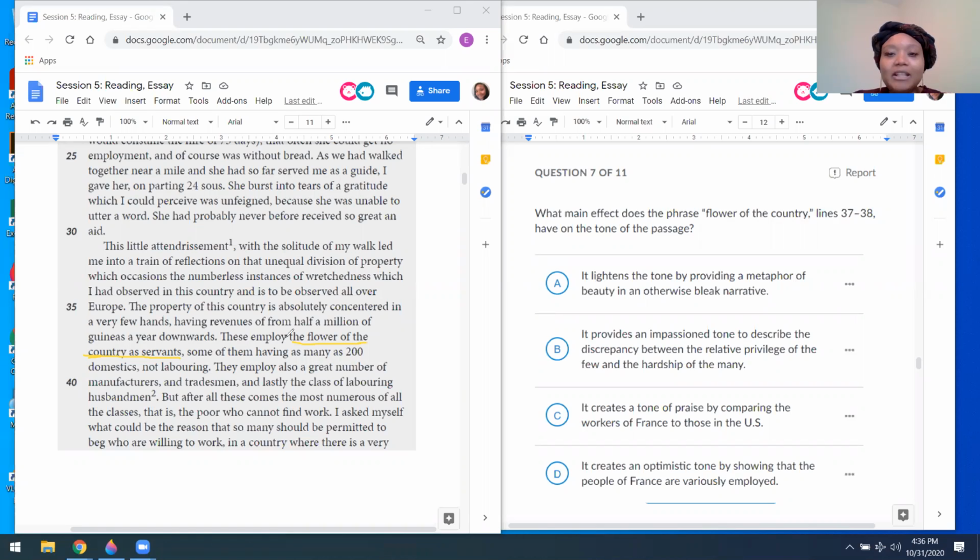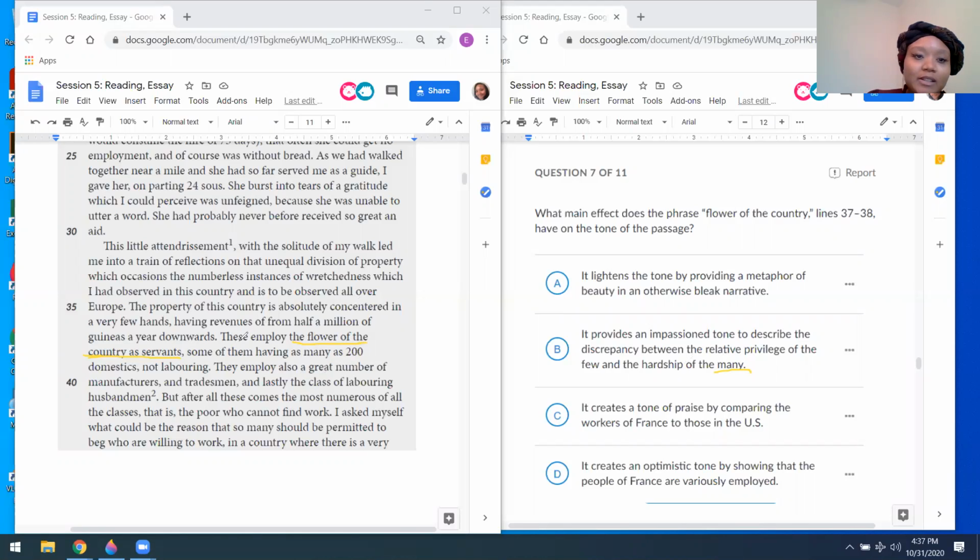And then the main idea was that Jefferson is kind of advocating, or speaking up for the laboring poor. That means the working poor, and saying to redistribute money. So when we add also that we know that flower of the country, as you said, he's speaking about the majority, or as the answer choice says, the hardship of many.